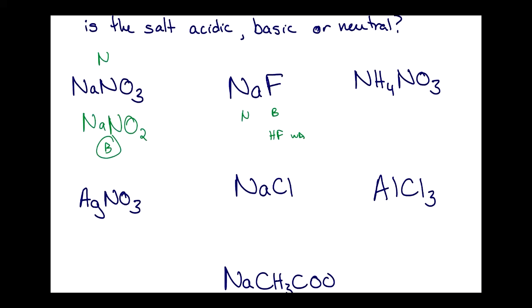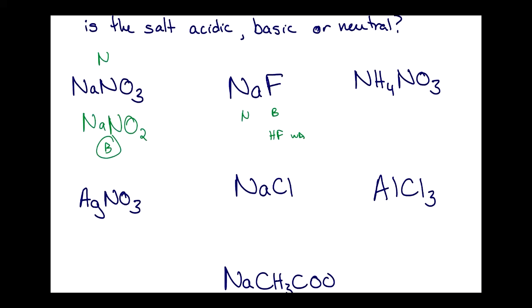It comes from nitric acid, but ammonium is the conjugate of what? Ammonia, which is a weak base, so that means ammonium is going to be acidic. So the whole salt is going to be acidic. Let's see. Is that acidic? Heck yeah, it is. So that was ammonium nitrate.